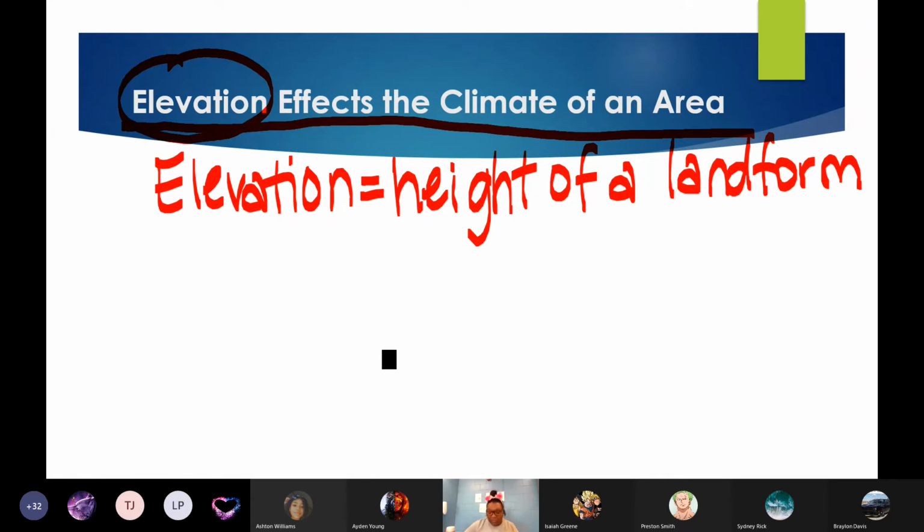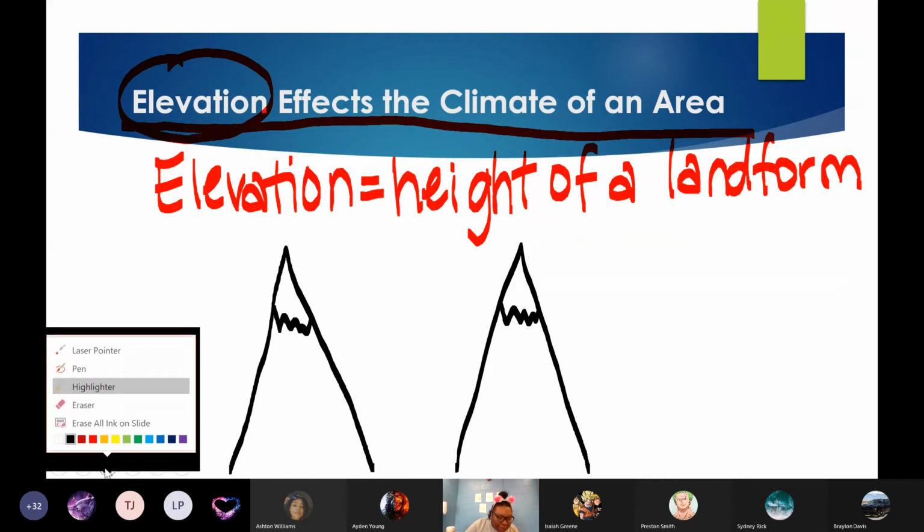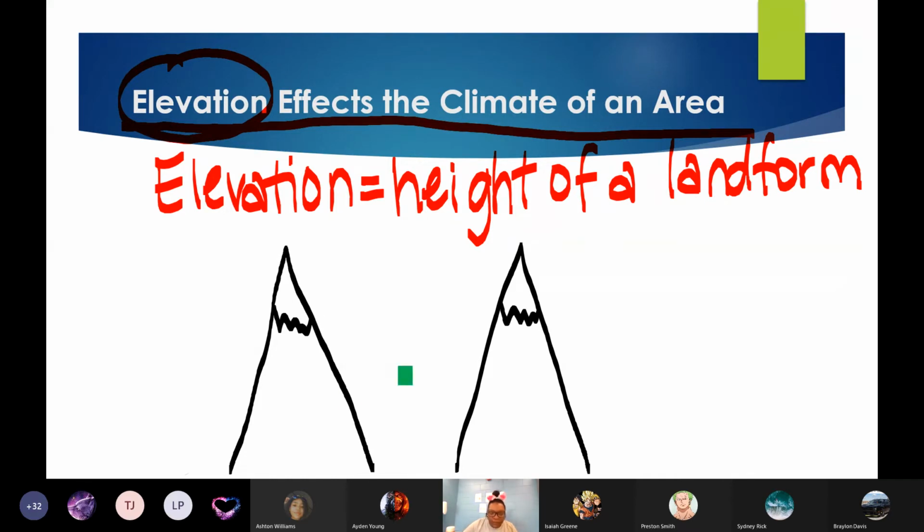Now with my colored pencils, I'm going to draw three different types of landforms. I'm going to draw two mountains pretty close to one another. You should too. I'm then going to draw some flat land between that mountain.